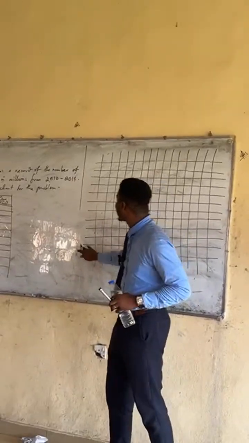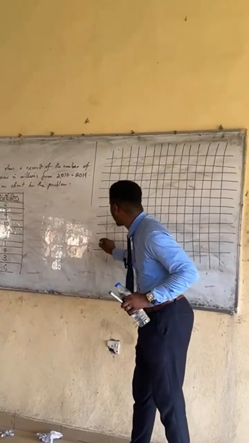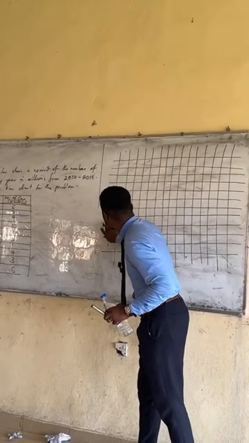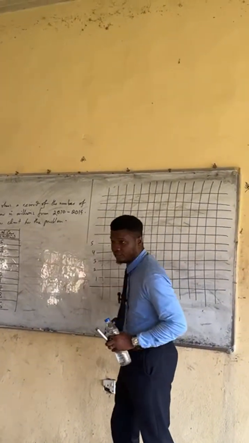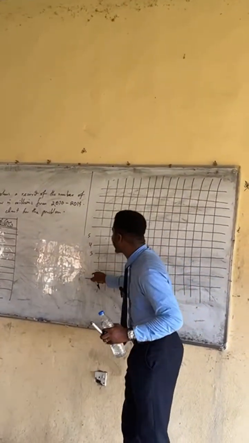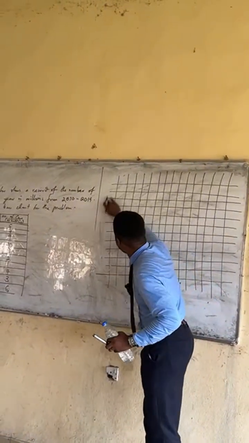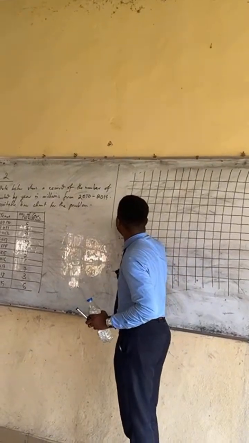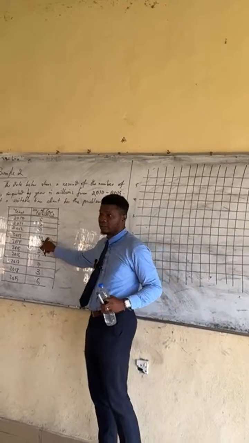That means after every small box, I'm going to write 1, then 2 here, 3 here, 4, 5, and so on. But if I say 2 centimeter to 1 unit, it means after 2 small boxes, I will write 1. If I do that, I'll have a problem accommodating 10.